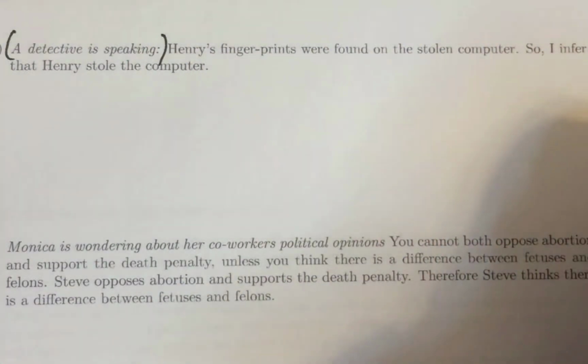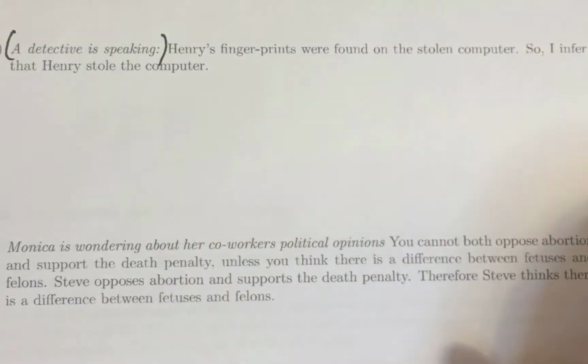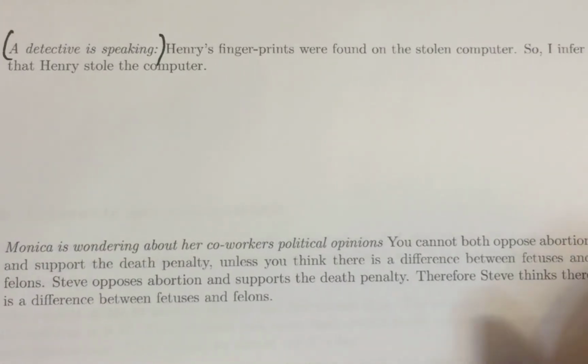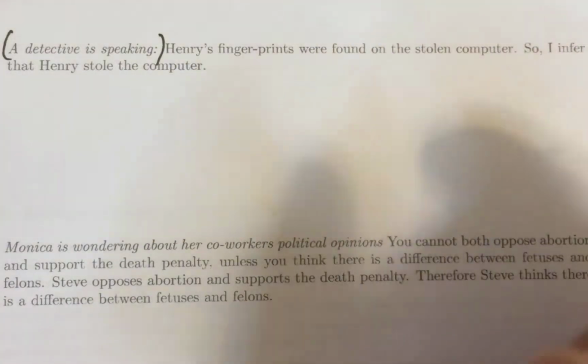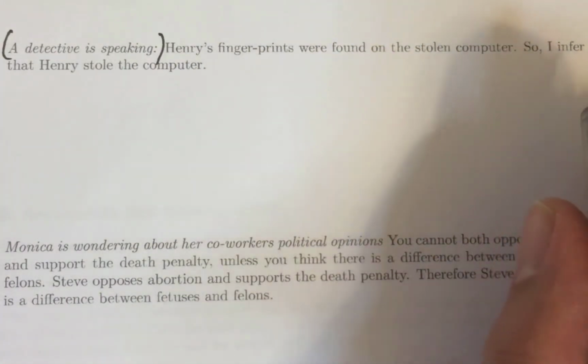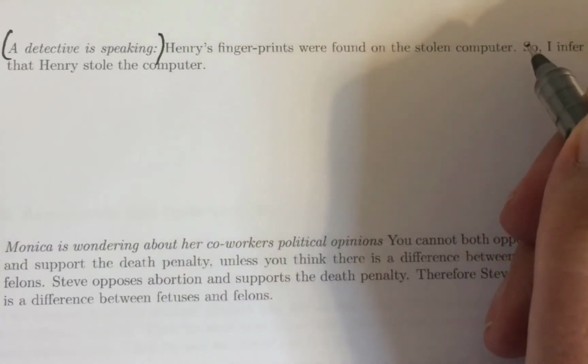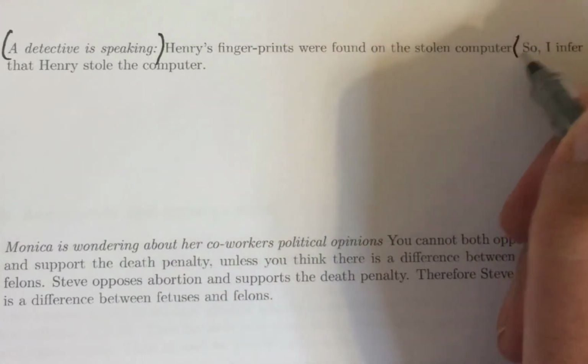But you don't want to include that in the canonical form. What you do want to do when you're trying to rewrite an argument in standard form is look for the conclusion. So if you notice, there are actually only two statements here. And they're connected by this word, so.